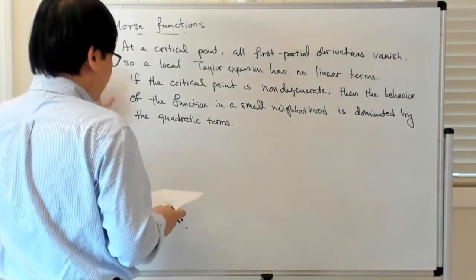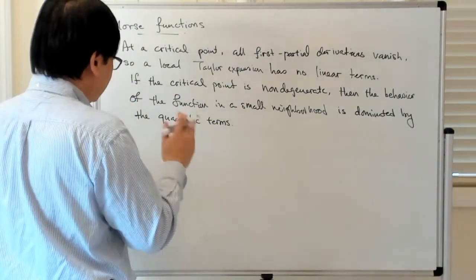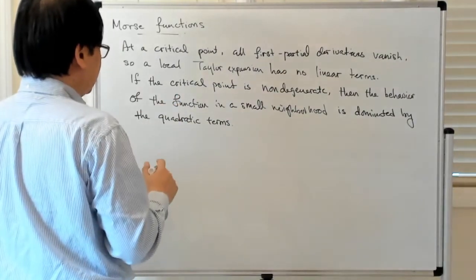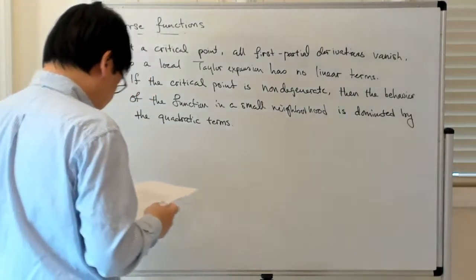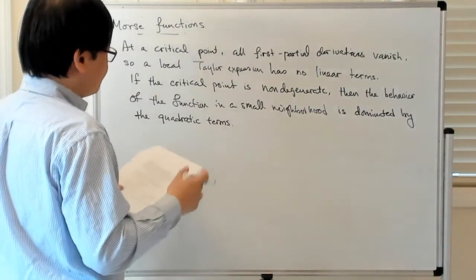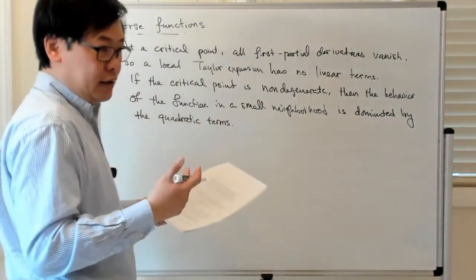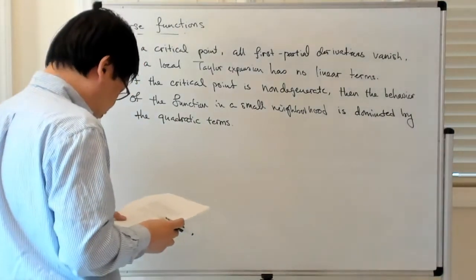Okay, and then again the point is that if you have a critical point which is non-degenerate, then there's a local coordinate system where you can write everything in terms of just the quadratic terms.